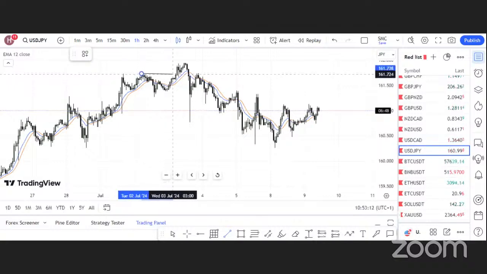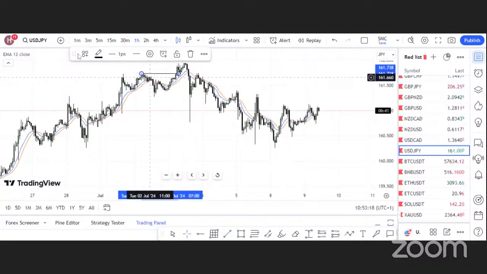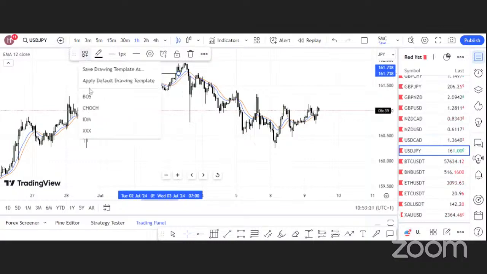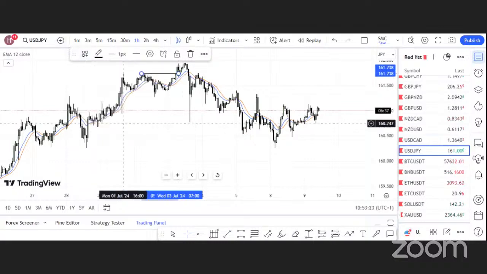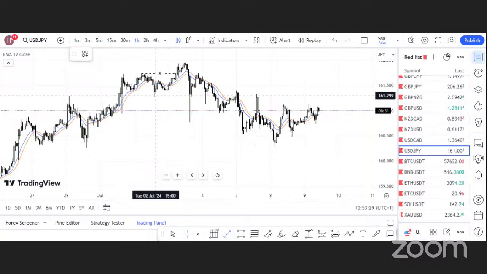Yes, there was a liquidity purge. The market broke the top and failed to create a low. So instead, the market made a shift in market structure.